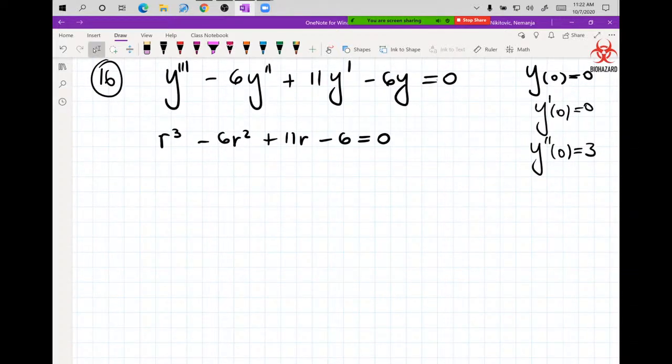All right, so now we are supposed to factor this somehow, right? And that's going to be any way you can. Now, for the third order equations, if factoring doesn't work, you are literally doomed, because factoring is the only simple tool that we have to solve these polynomial equations.